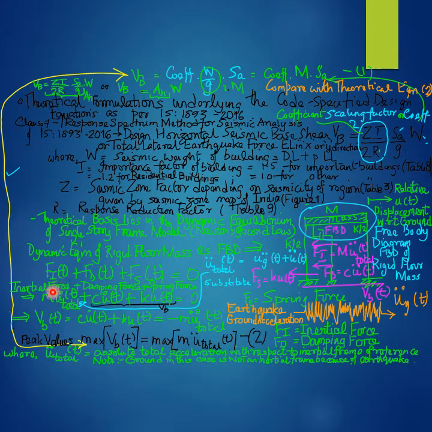Now note that the total acceleration is denoted as u double dot subscript total, and represents or equals the absolute acceleration of the floor mass M considered as the free body.